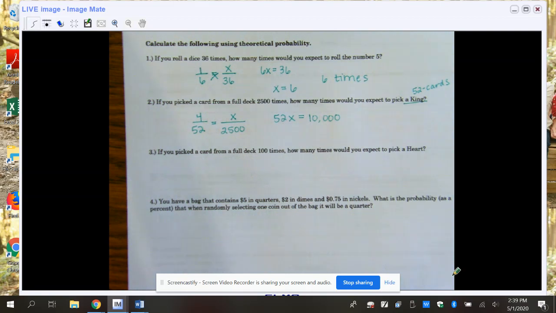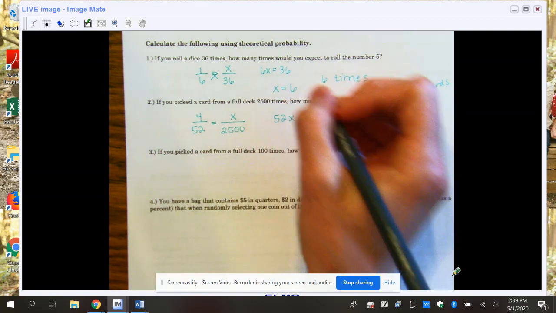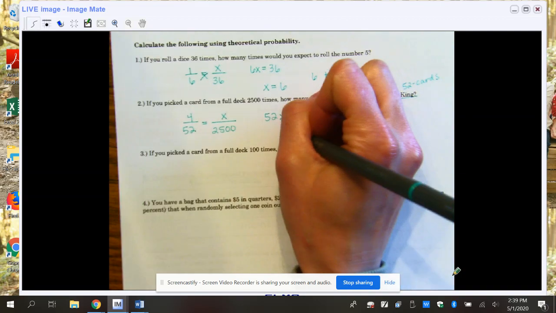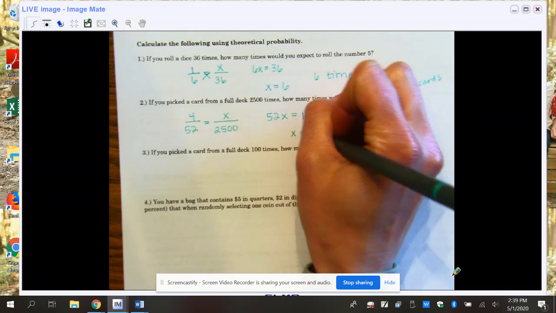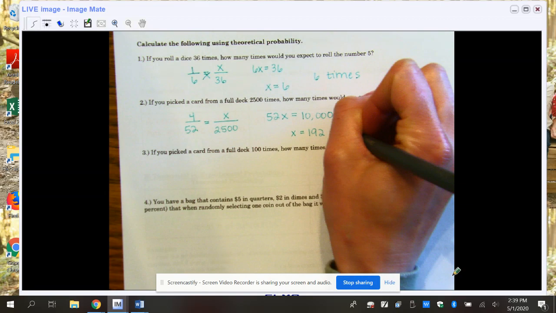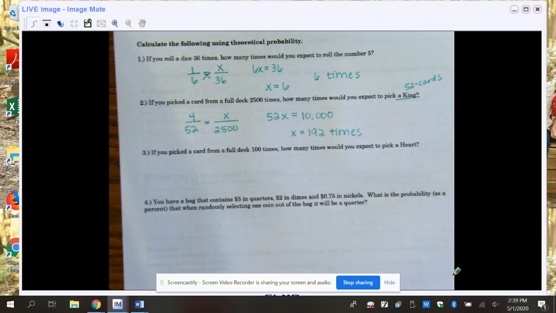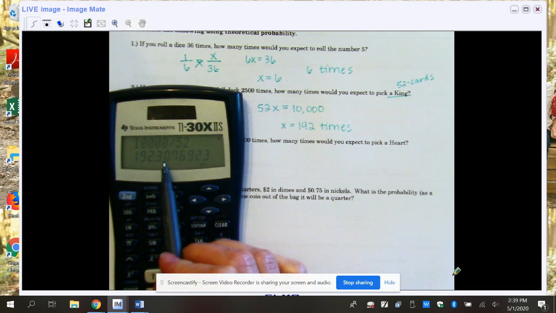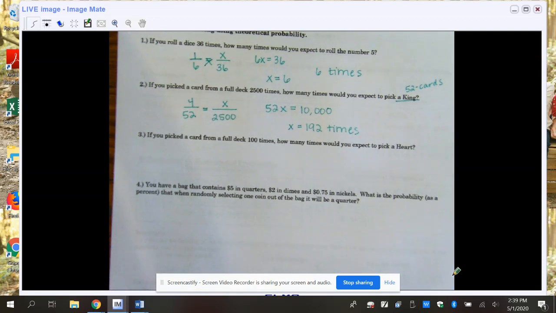And then when you take 10,000, divide it by 52, you get about 192. So I'm going to round down here. And I would probably still encourage you to round down even if that were bigger than 5. Just kind of like when you're rounding people, living object type things, we usually round down.